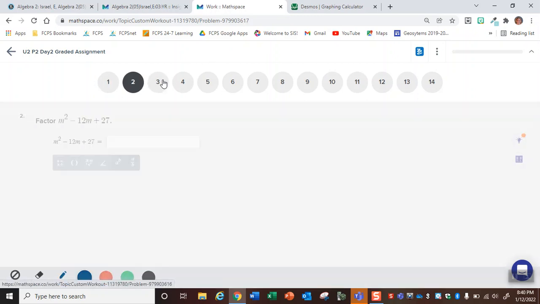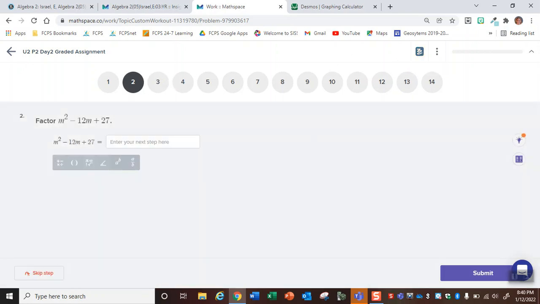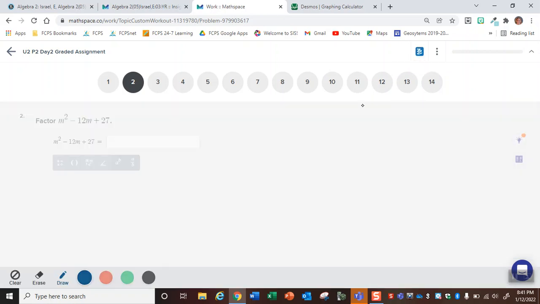All right, and you're going to do the same thing for this guy. You're going to do your X-man. 1 would be my A, so 1 times 27 would be 27. And then my B is going to be here in the middle, it would be negative 12.